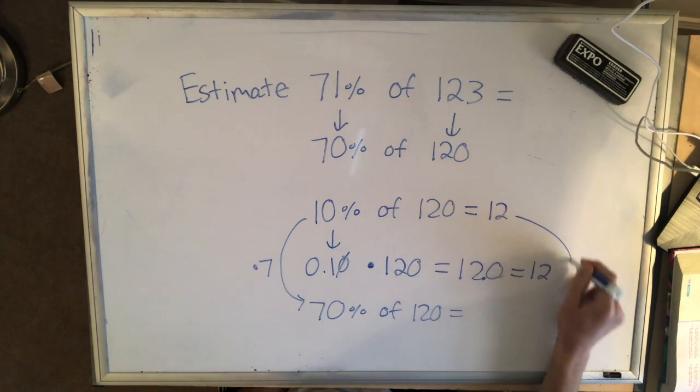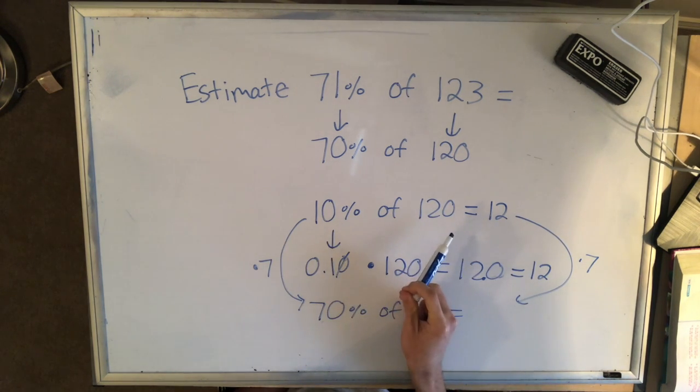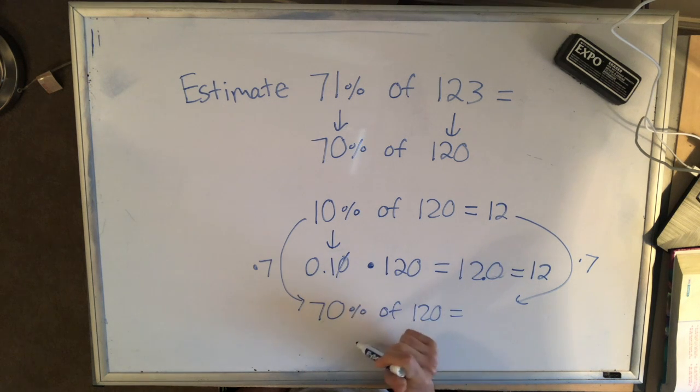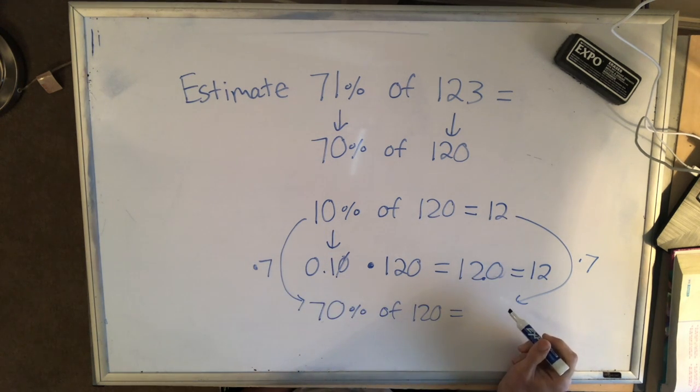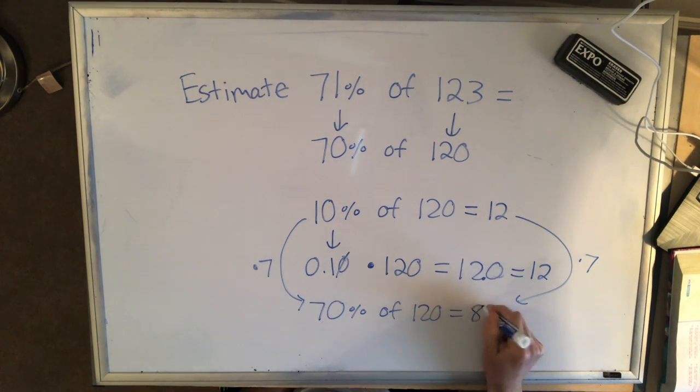So we do 12 times 7 to find 70% of 120. If 10% of 120 is 12 and 70% is 7 times as much as 10%, then you do 12 times 7 to find 70% of 120. And 12 times 7 is 84. So 70% of 120 is 84. So 71% of 123 is approximately 84.